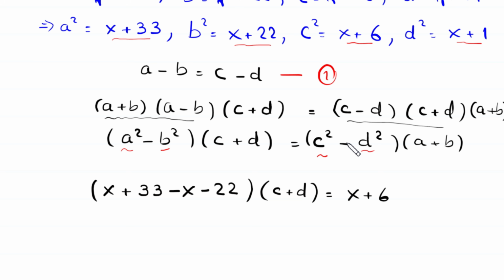Due to the negative sign, x will become negative x and 1 will become negative 1, times a plus b.